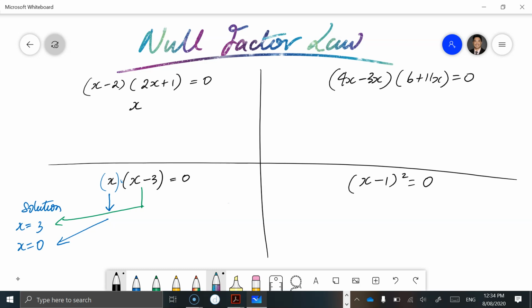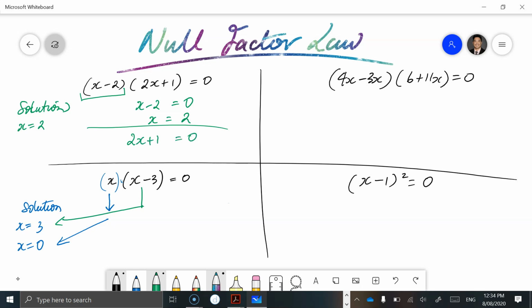So we could say that the first solution here is x minus 2 is equal to 0. Just focus on one set of brackets, and x is going to equal positive 2. On the other hand, we could say 2x plus 1 is equal to 0.